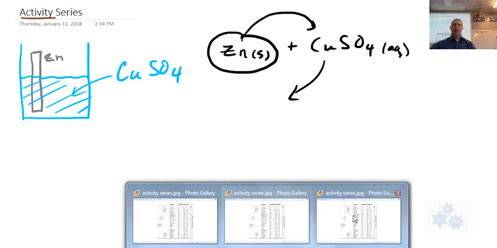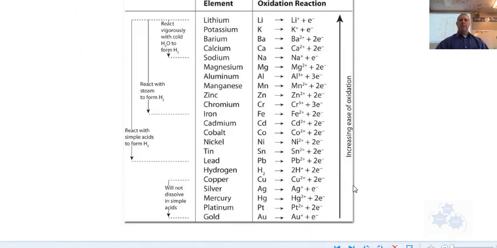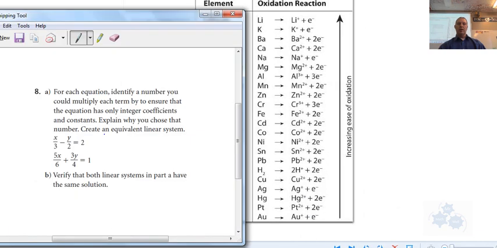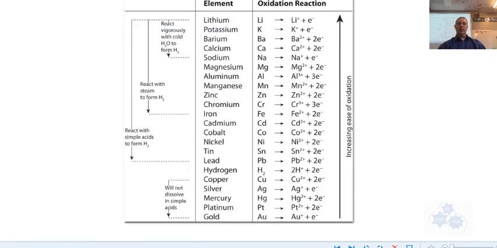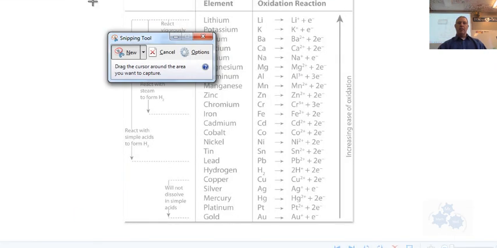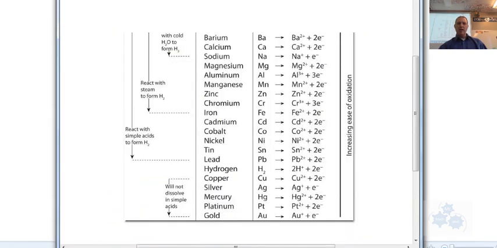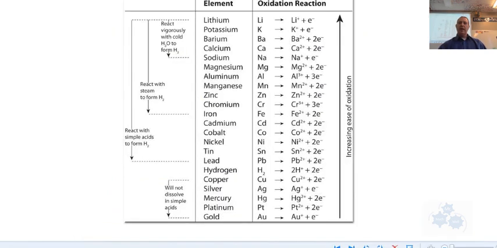In front of you, you have this little chart. What I want to point out here is that if you look at this chart, it's called an activity series, and we have a listing of metals. The metals that are higher up on this chart are more active than the ones that are lower.